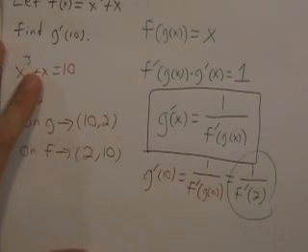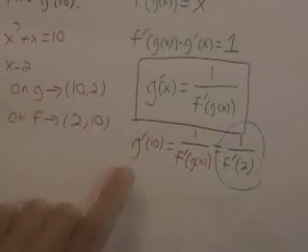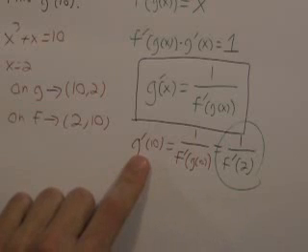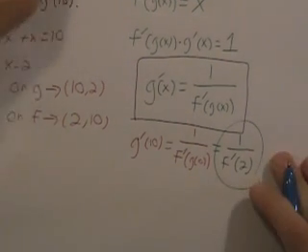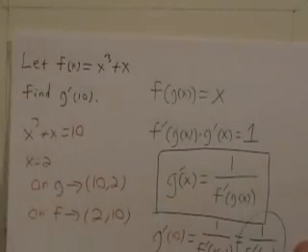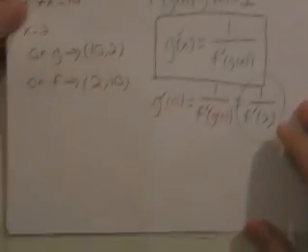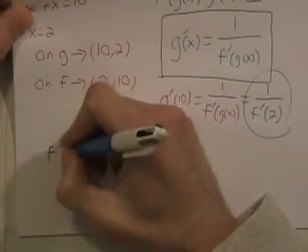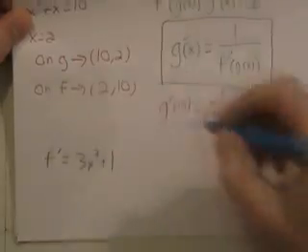So f prime is something we can figure out. All that we have to do to get g prime of 10 is take the derivative of f, which is easy, flip it, and plug in 2. So I'll finish this off. This started out with f of x was x cubed plus x. So f prime is 3x squared plus 1.